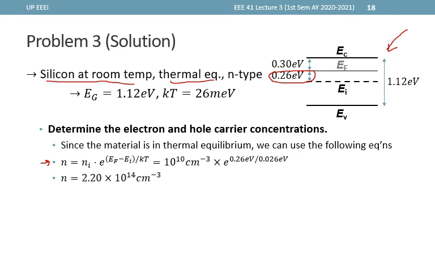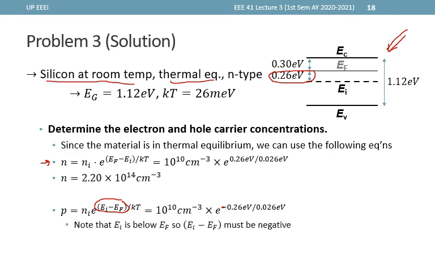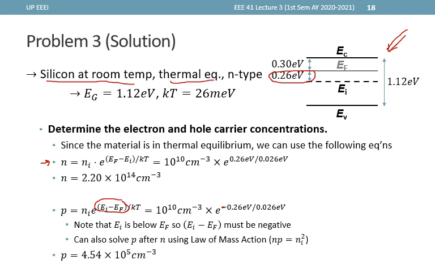Now we can use a similar formula for P. So 10 raised to 10 times e raised to (EI minus EF). But we have here in our energy band diagram that EF is above EI by 0.26. So EI minus EF must be negative 0.26 over 0.026, and solving that, P is equal to 4.54 times 10 to the 5.